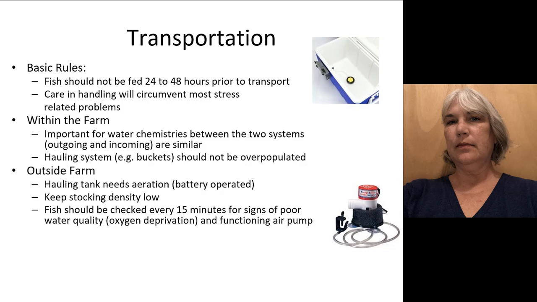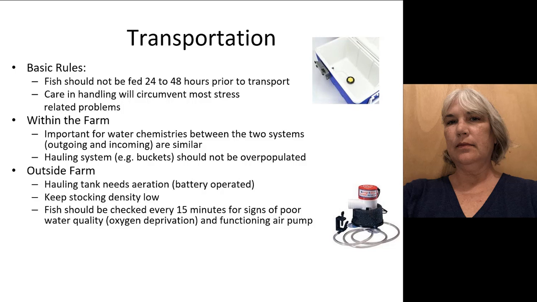If you're moving it from tank to tank inside your farm, know those water chemistries between the two systems, and have them very similar. If you're hauling it with buckets, don't overpopulate. If you're hauling fish or you're getting fish from outside, make sure your stocking density is low. This prevents any kind of spine damage, fin damage, bruising of fish.